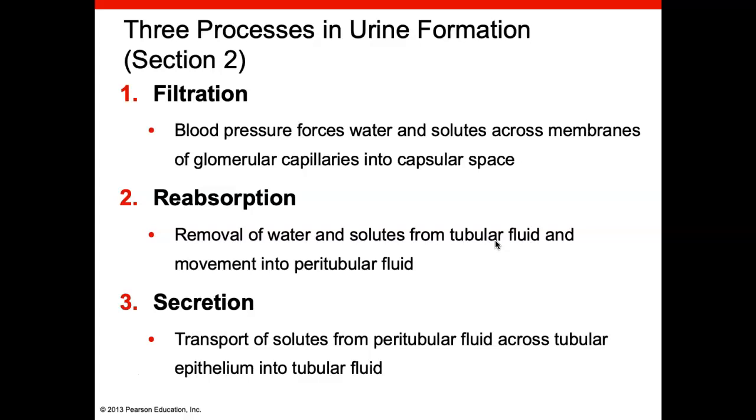Then that becomes what's called the filtrate. So as that filtrate moves through the tubule, some solutes and water are reabsorbed back into the blood. And then as that filtrate continues moving through the tubule, some solutes are secreted from the blood back into the tubule.